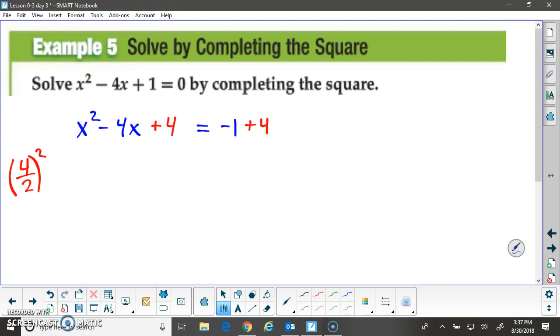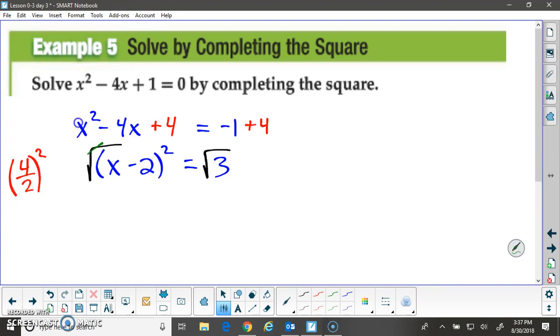And now I can rewrite the left-hand side as x minus 2 squared because it's a perfect square trinomial. It factors into x minus 2 and x minus 2. Right-hand side reduces into a 3. And now we finish solving by getting rid of the square by square rooting both sides.